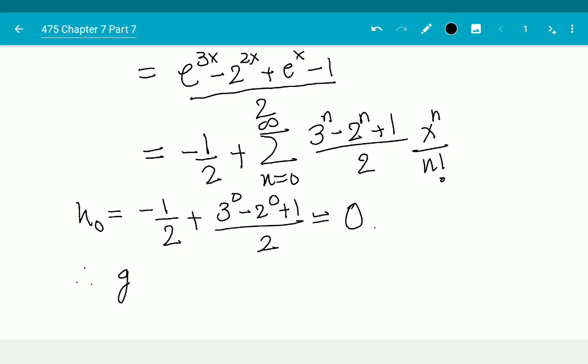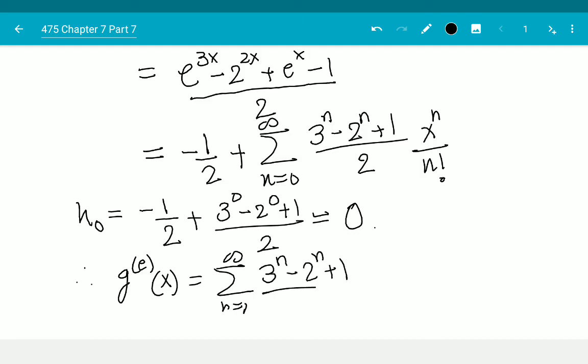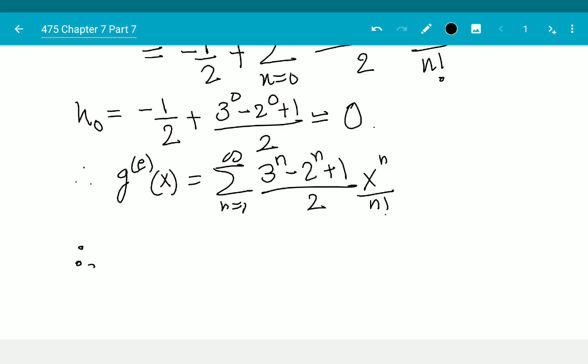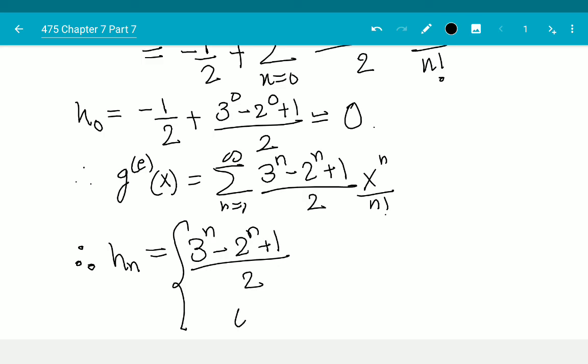I get the exponential generating function of x is equal to the summation from n equals 1 to infinity of (3 to the n minus 2 to the n plus 1) over 2, times x to the n over n factorial, and therefore hn is equal to (3 to the n minus 2 to the n plus 1) over 2 for n greater than 0, and 0 for n equal to 0.